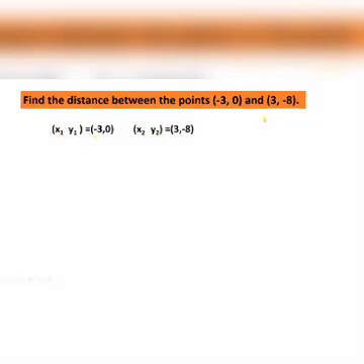Here x1, y1 is equal to (-3, 0), and x2, y2 is equal to (3, -8).